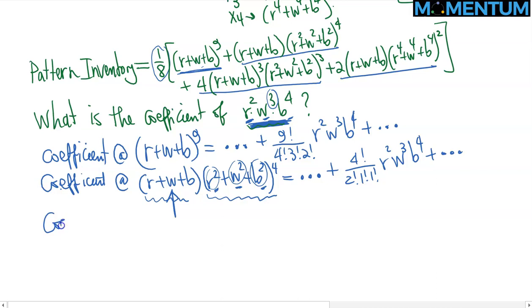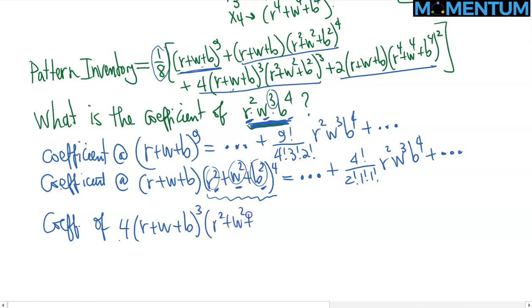Now next is the coefficient of that third term, which is 4 times (r plus w plus b) cubed and (r squared plus w squared plus b squared) cubed.